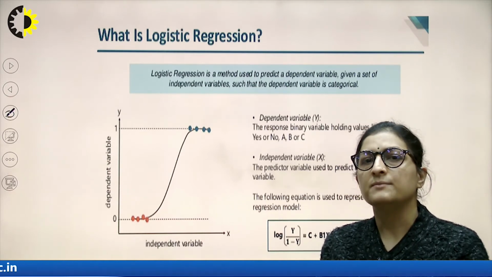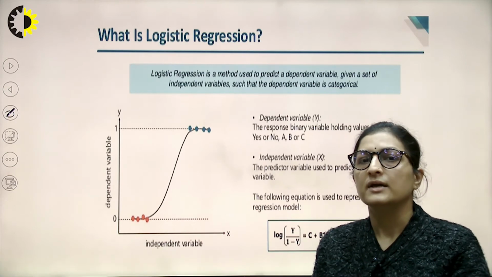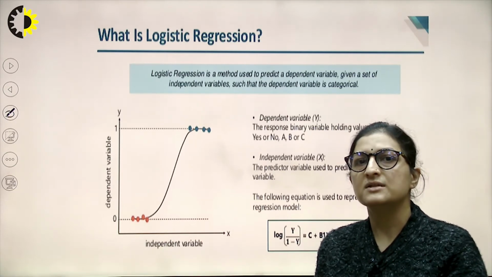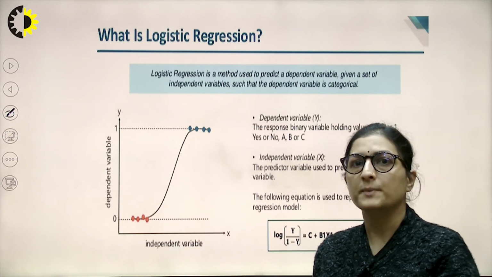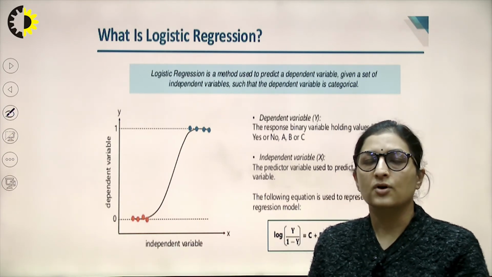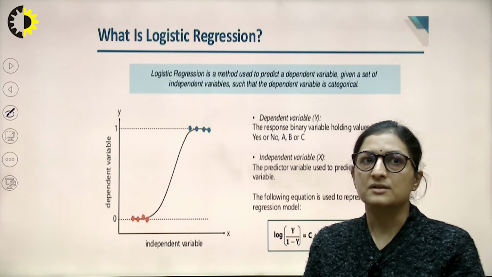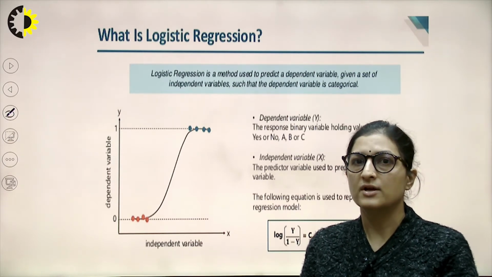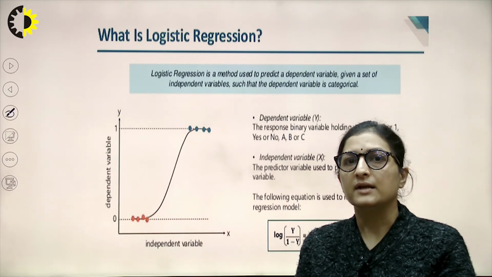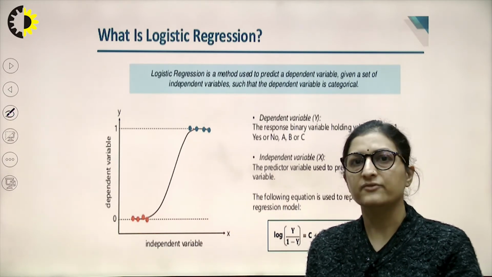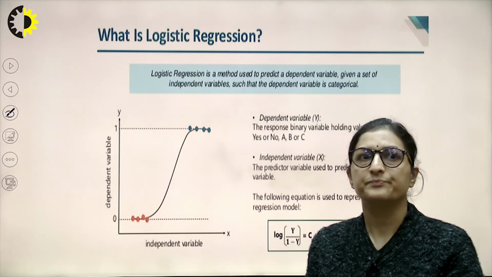If the dependent variable that I want to know is categorical, will have some discrete value, belonging to a particular class, then I can call it logistic regression. This is also called a classification technique, because we are predicting class labels, discrete class labels.